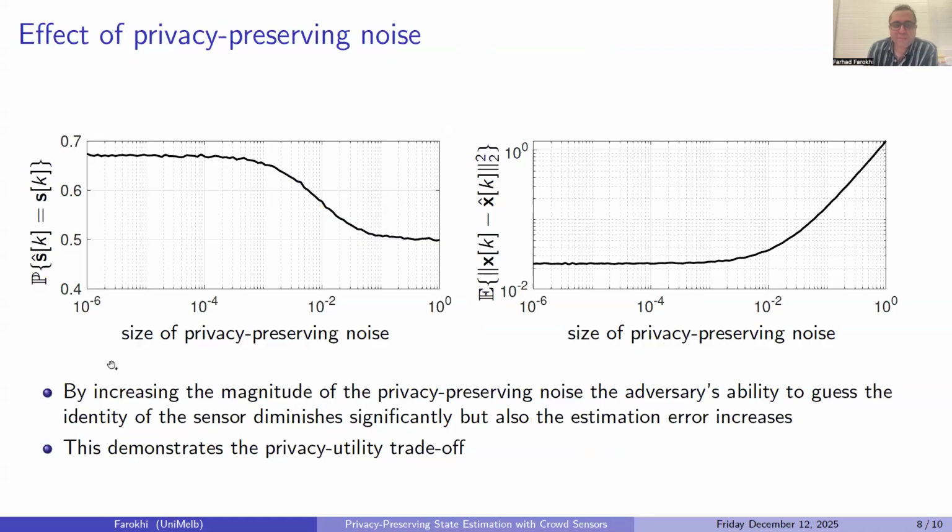Now, let's see what would happen when we increase the amount of the noise that goes through the system. So when we increase the amount of the noise, guessing the identity of the sensor gets harder. You can see that the probability of correctly guessing the identity of the sensor drops as the magnitude of the noise gets larger. Note that this probability at the end converges to half. The reason for it is that we have two sensors and we can always randomly guess.